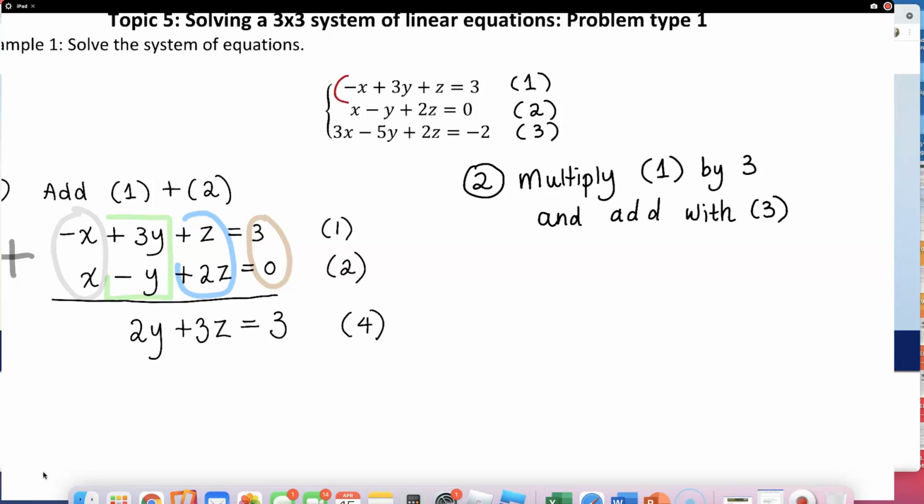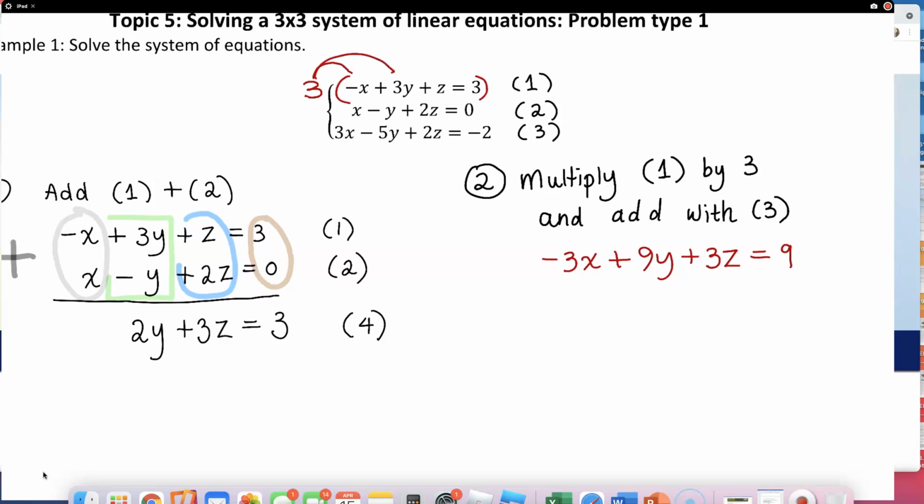to equation number 1. If you do that, you get negative 3x plus 9y plus 3z equals 9, right? I just distributed this 3 to all these terms. That's what we do.